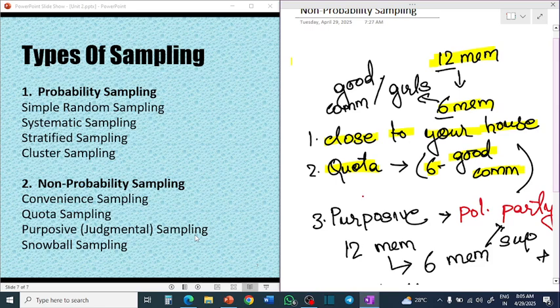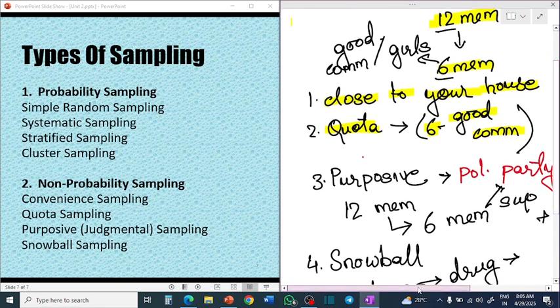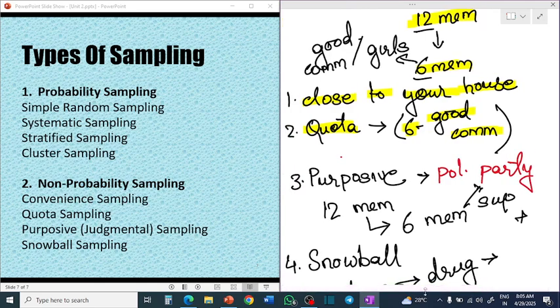Then we move on to purposive sampling. For the sampling, you have a particular purpose in your mind. Suppose you are given research on whether a political party is working well or not, and you support that particular party. Out of these 12 members, you select 6 members, only people who support that party. This is purposive sampling, or judgmental sampling.